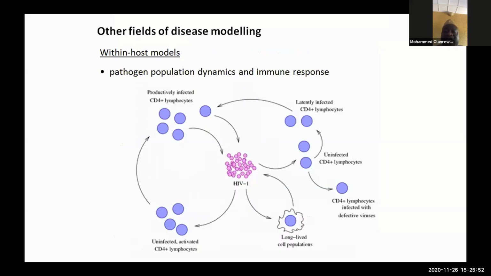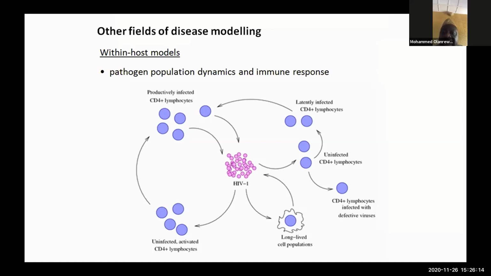Other fields of disease modeling. It's also very, very important for people to understand. Within-host models, we have what we call pathogen population dynamics and immune response, where you talk about productively infected cells, especially for HIV CD4 counts.